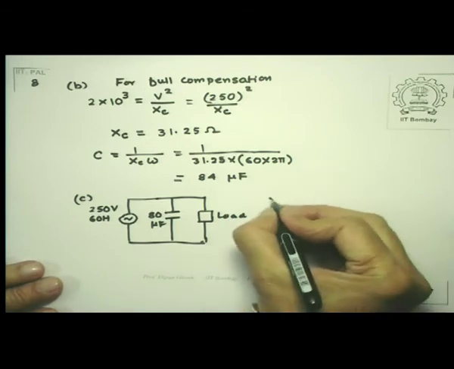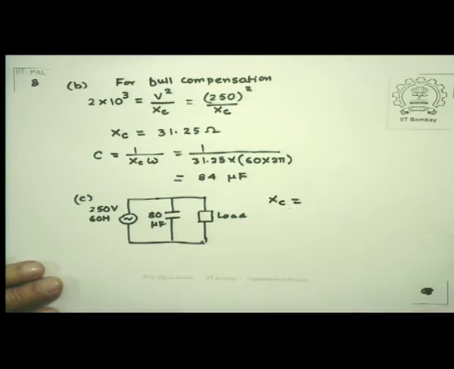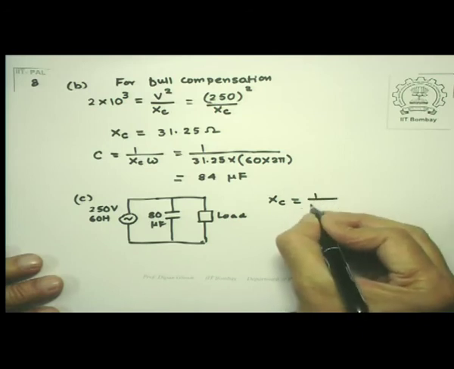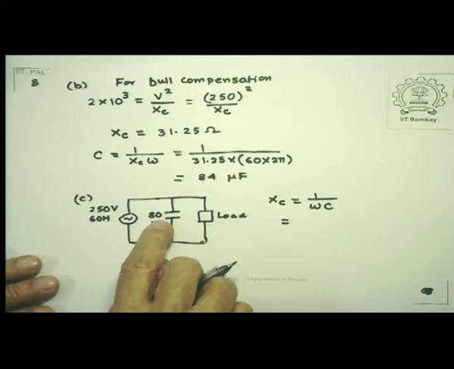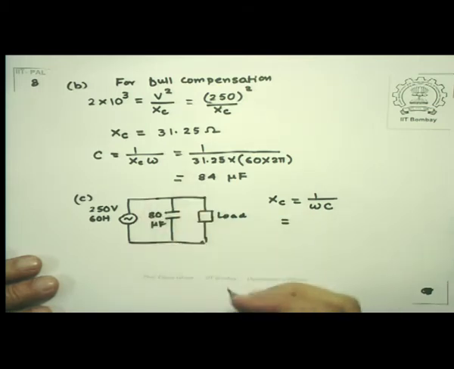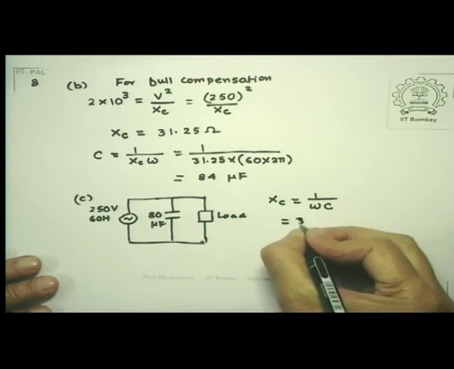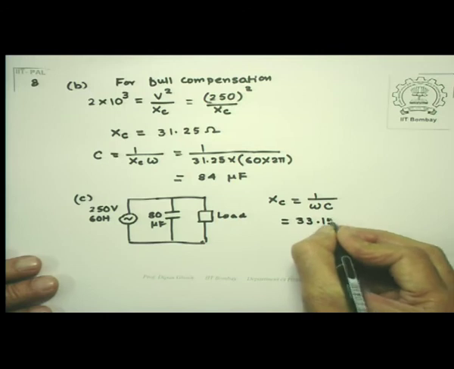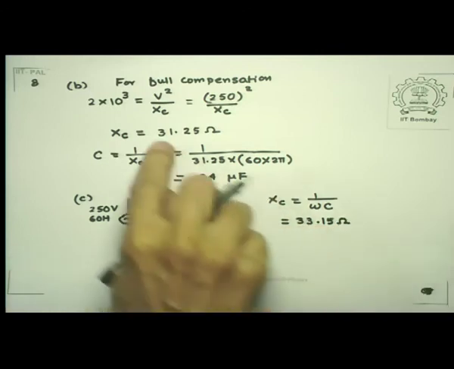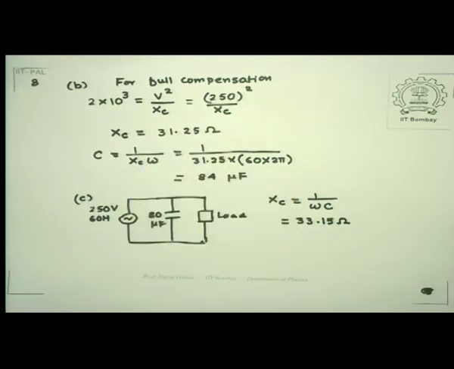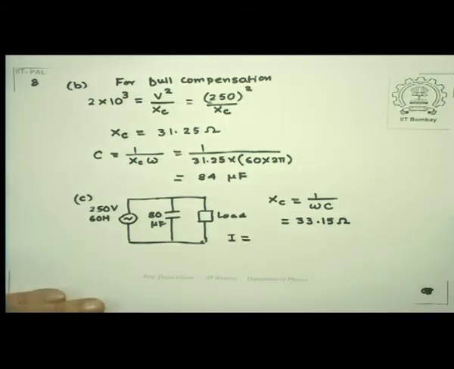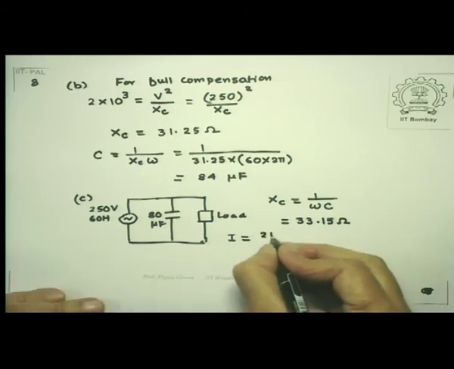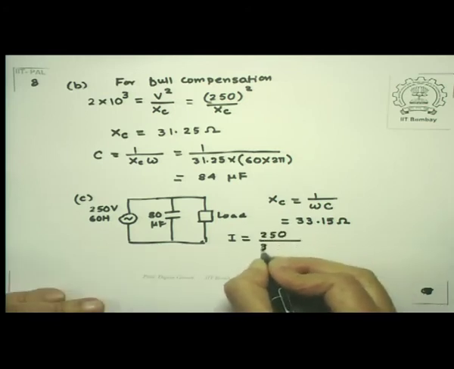Now the capacitive reactance corresponding to 80 microfarad, you can easily calculate, is 1 over omega C. C is 80 into 10 to the power minus 6, omega is 2 pi into 60, and you will get 33.15 ohms. Remember, it is slightly more than this. So the current being drawn is 250 divided by 33.15.